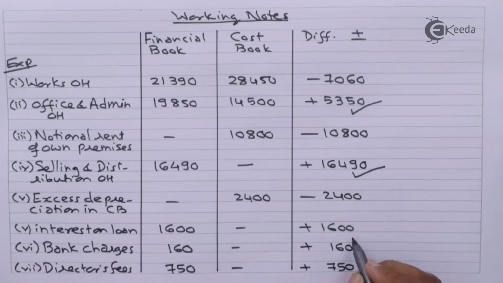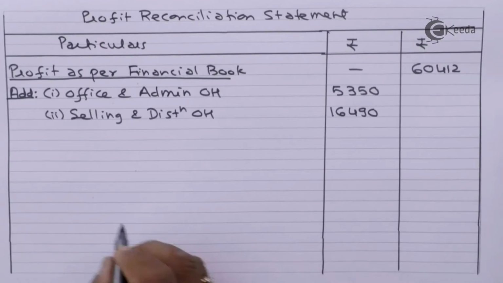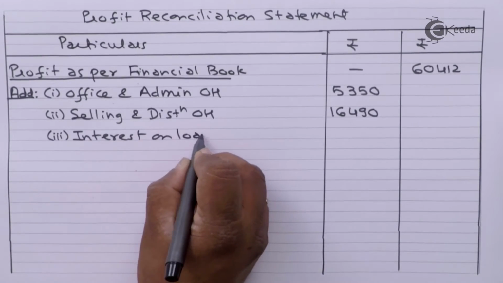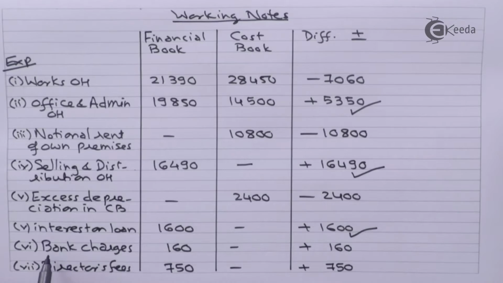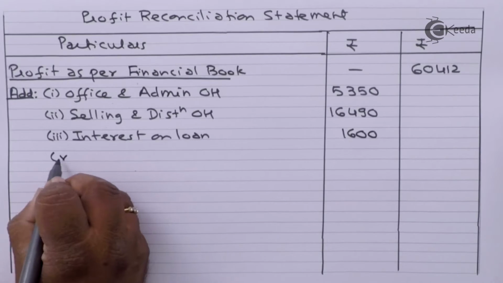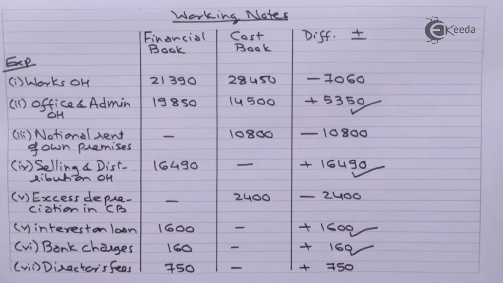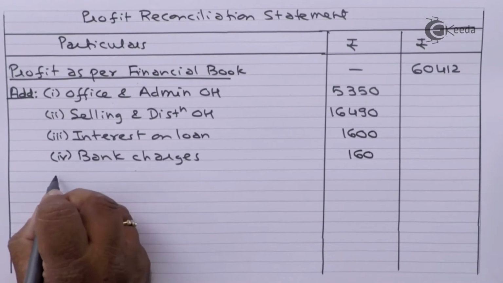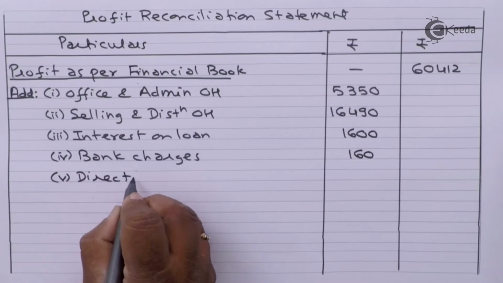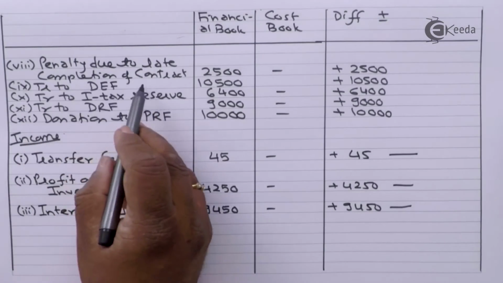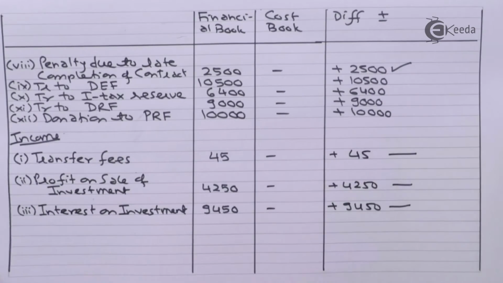Interest on loan 1,600. Bank charges rupees 160. Directors fees 750. Penalty due to late completion of contract 2,500.